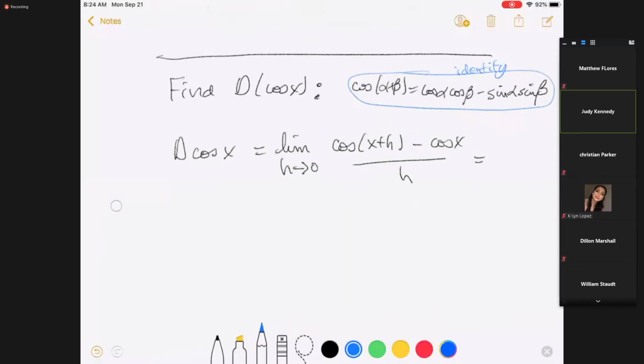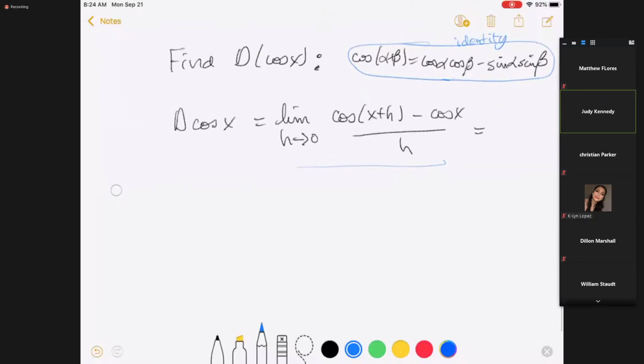So the derivative of the cosine of x is this limit, and I'm going to use this identity next. That's going to give me the limit as h goes to 0 of cosine x cosine h minus sine x sine h minus cosine x, all over h.